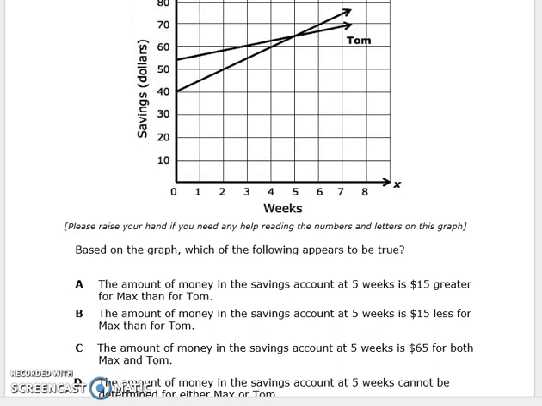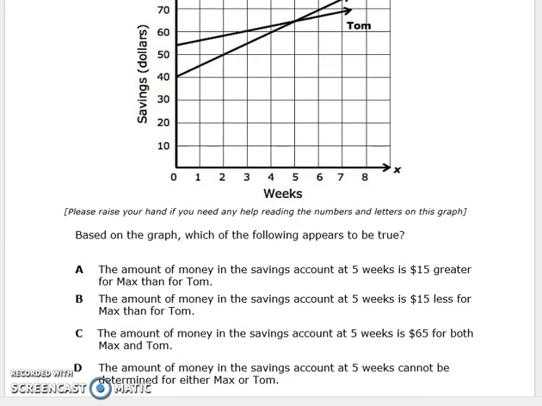B. The amount of money in the savings account at 5 weeks is $15 less for Max than for Tom. C. The amount of money in the savings account at 5 weeks is $65 for both Max and Tom. D. The amount of money in the savings account at 5 weeks cannot be determined for either Max or Tom.